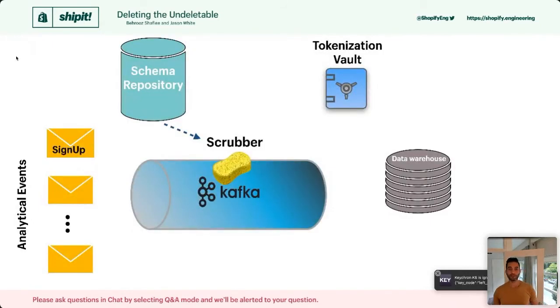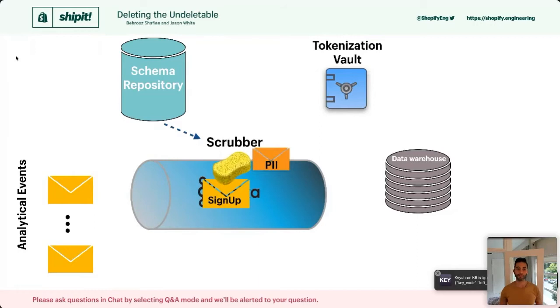So putting all of this together, this is how our analytical platform looks these days. Again, we have our analytical events getting fired from across the platform. In this case, a sign-up event goes through Kafka again, and then Scrubber Tools looks up the schema for the sign-up event and uses that to figure out what kind of PII is in there. It obfuscates them, and then it figures out some fields need to be tokenized.